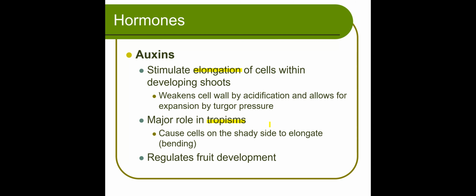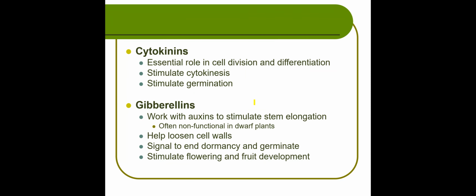And so it triggers elongation of cells on a certain side, and that is what causes the stem to physically bend and grow toward that light. It's because of cell elongation. Now there's also a role with fruit development, and we'll see some others that are responsible for some of these other things as well. But the main thing I remember for auxins is auxins and elongation and tropisms.